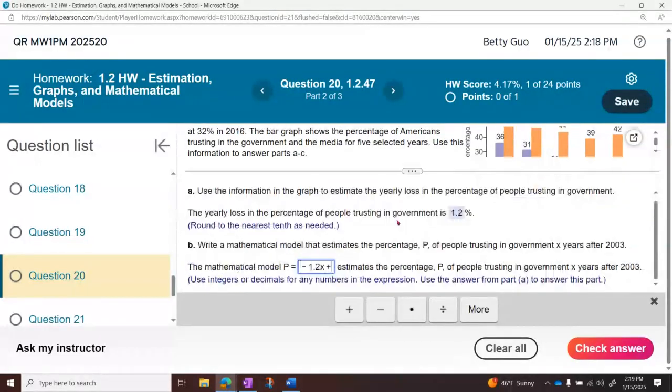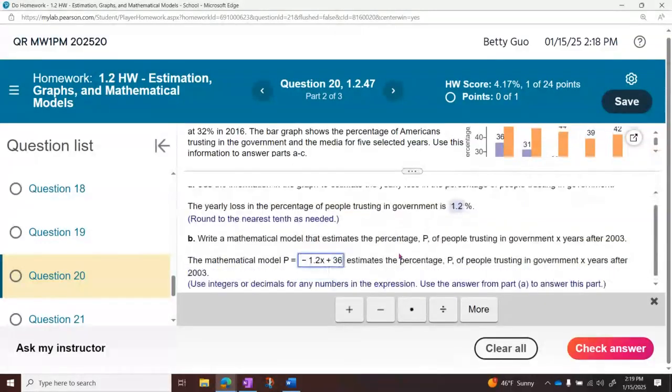Is that understandable? Without the negative sign, the equation represents a straight line going up, which is not the case. So you really have to have the negative sign for the slope in the model. And then the B, the constant term, is the initial value of the percentage of the trust.